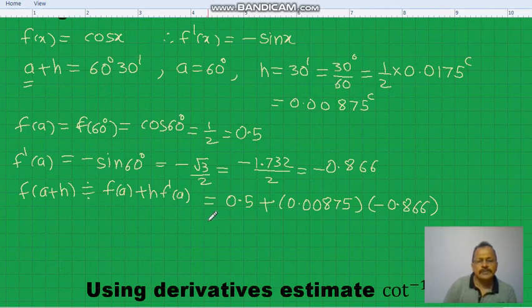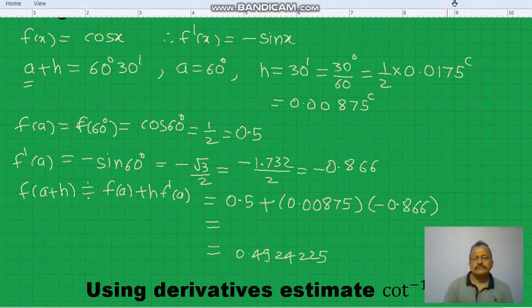Let us take this product and write the final answer directly. This value is 0.4924225. So the approximate value of cos 60 degrees 30 minutes is 0.4924225.